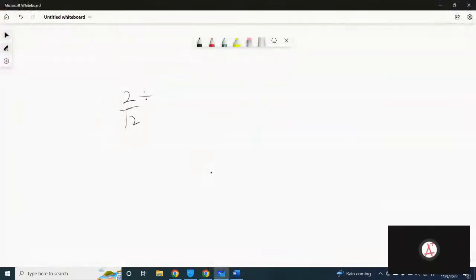You have to divide numerator and denominator by a common number that would be 2. So 2 times 1 is 2 and 2 times 6 is 12. Got it? So it is 1 over 6.